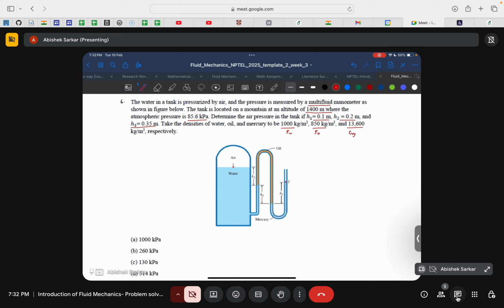So you need to find the pressure at point 1 actually, because P2 is already known. It is the atmospheric pressure, which is 85.6 kilopascal.